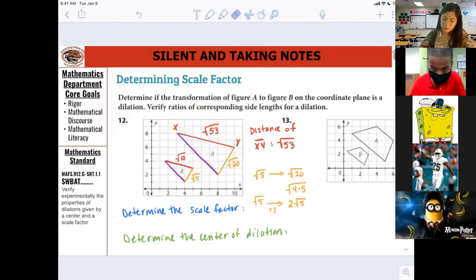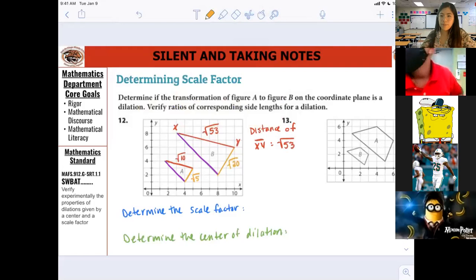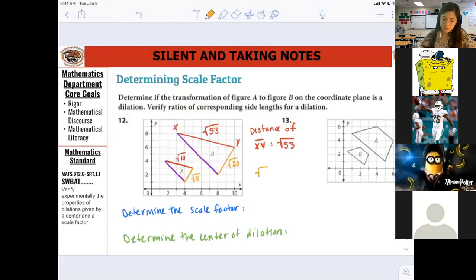Now, another way you could do this would be to actually go to your calculator and figure out what's the square root of 20 and what's the square root of 5 to the nearest hundredth. What would you get for square root of 20? Just with your calculator. Good, 4.47. How about square root of 5 to the nearest hundredth? 2.23.